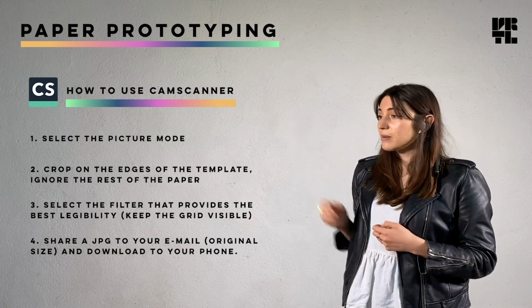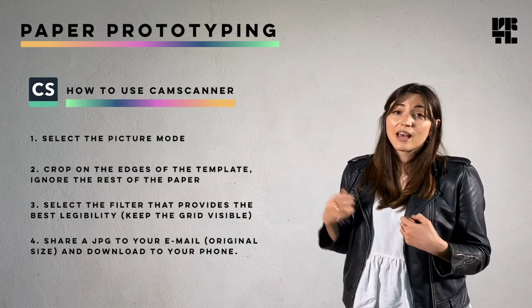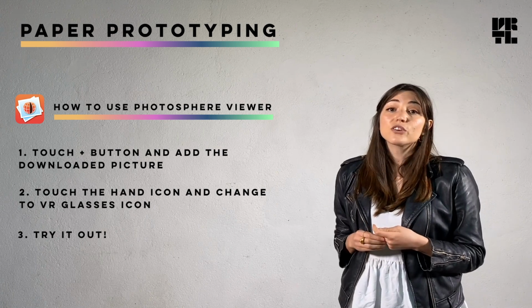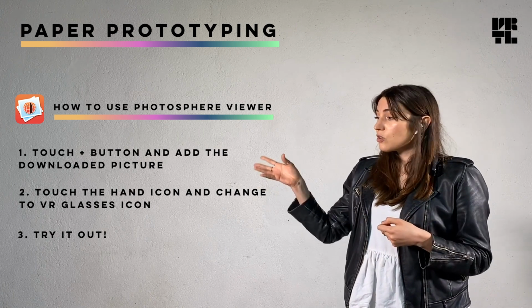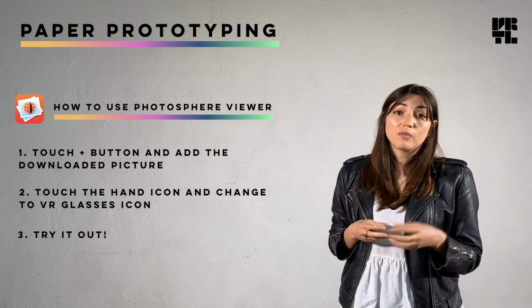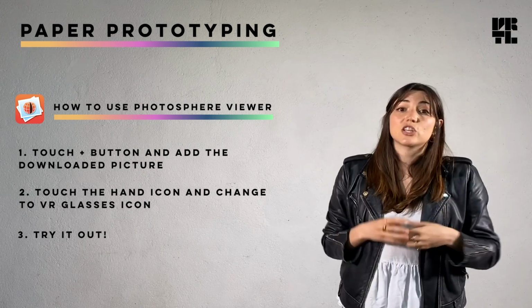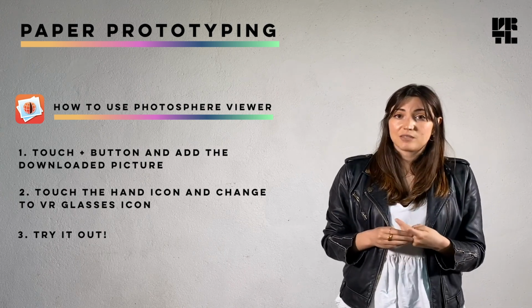And then you just simply need to take a picture with CamScanner so you can digitalize it. And then use this program, Photosphere Viewer. So with a very simple Google Cardboard or any other mobile VR headset, you can actually look at this first representation of your space in 360.